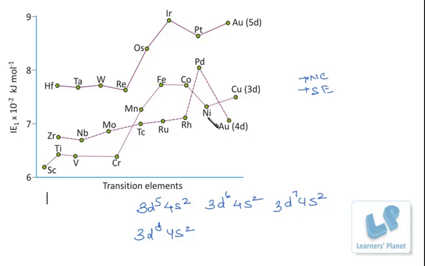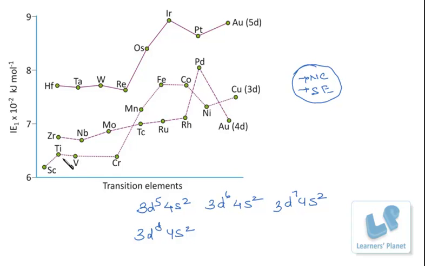Why? See, the value of ionization energy or the atomic radii is the outcome of these two things, that is the nuclear charge and the shielding effect. So the nuclear charge and shielding effect counterbalance each other and they are responsible for the variation of these ionization energies across the period.